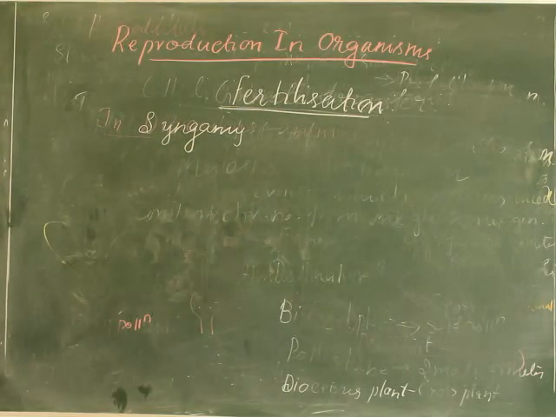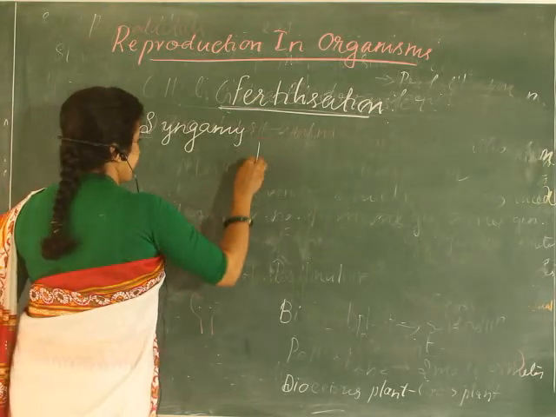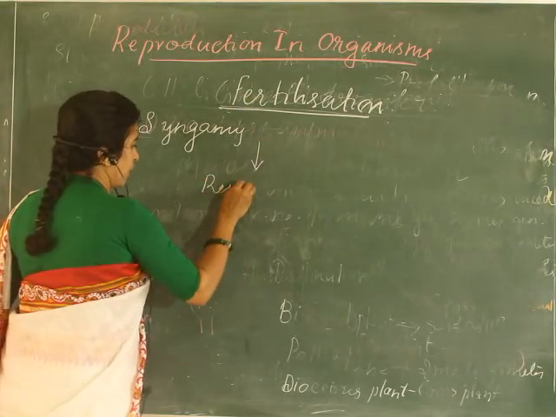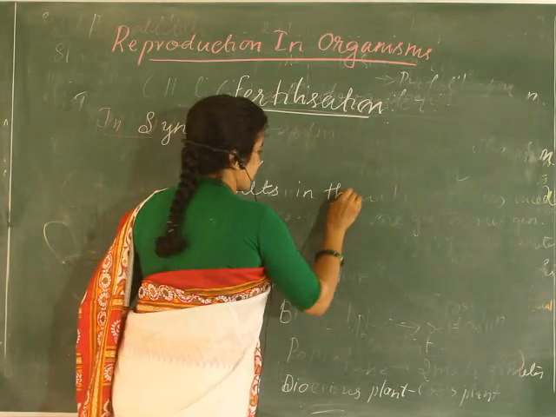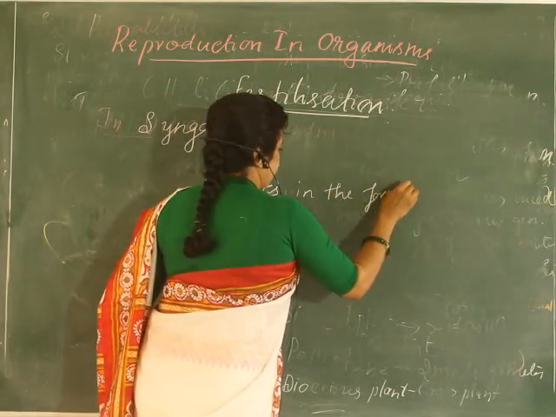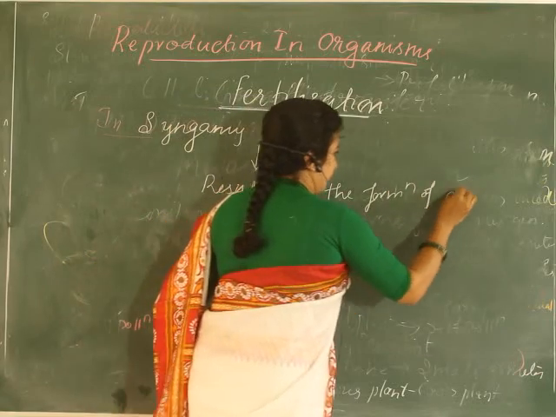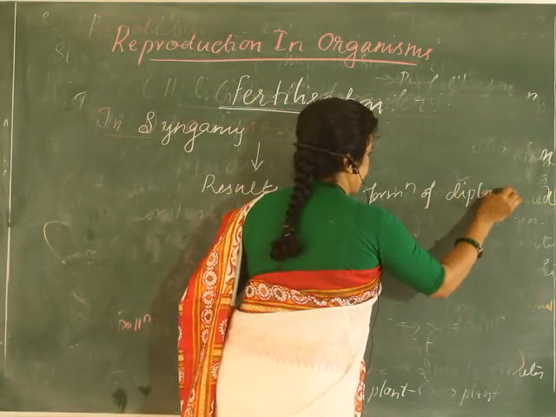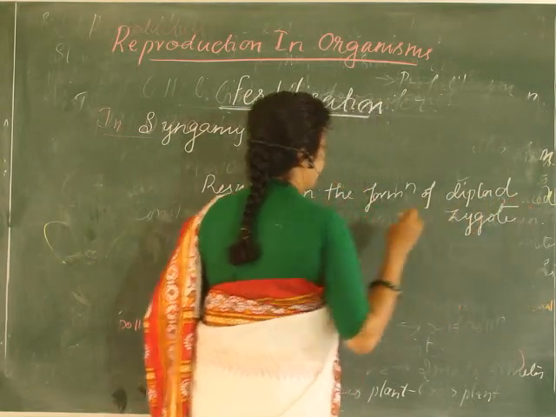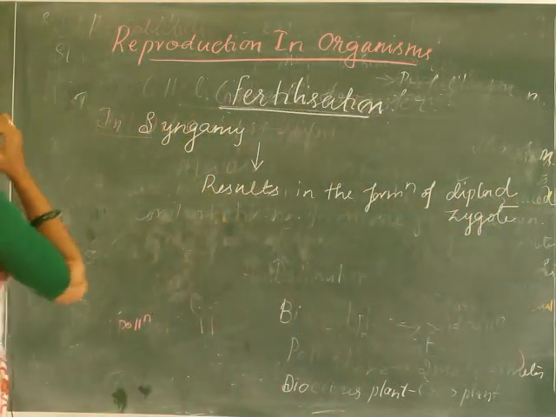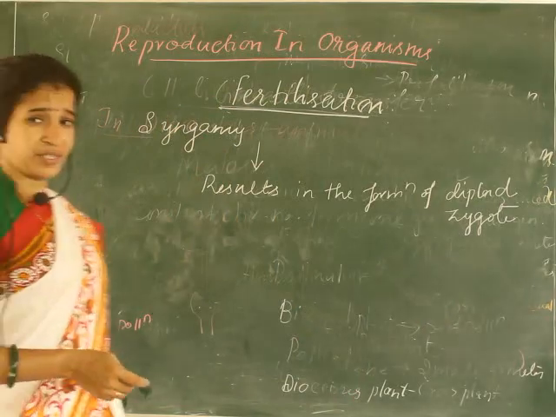We can say that this is also one of the most important events in sexual reproduction. Fertilization results in the formation of a diploid zygote. Remember, zygote is always diploid. Now what should happen to this zygote?